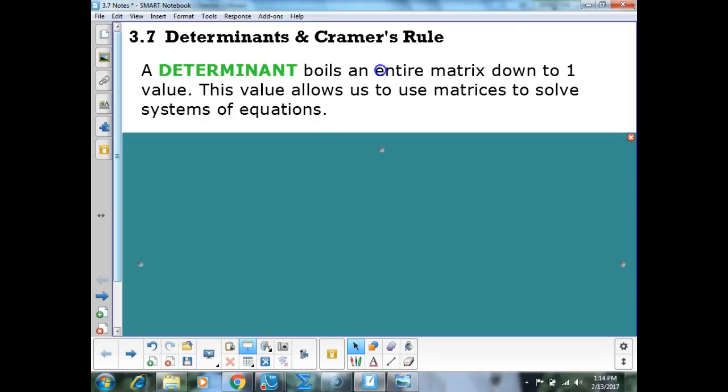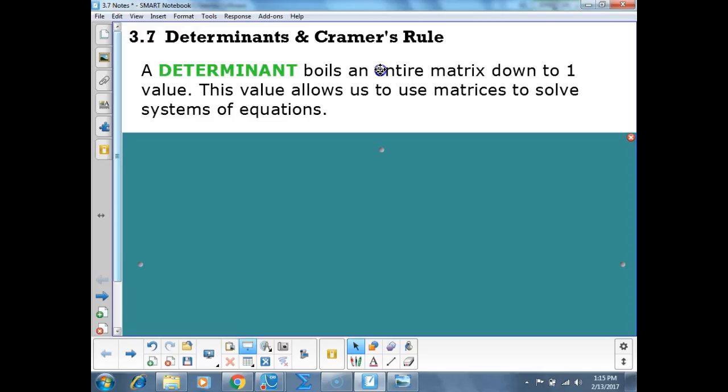No matter how big your matrix is, the determinant is going to be one single value, one single number. They can be positive, they can be negative. This value then allows us to use matrices to solve systems of equations, which we'll get to later on today, hopefully, for sure tomorrow.